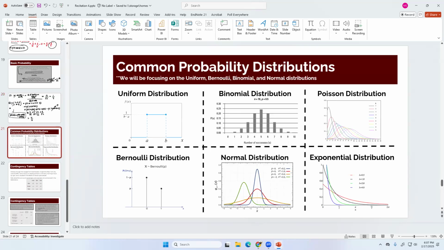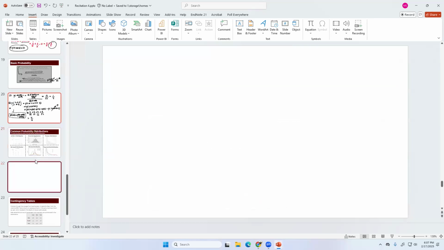So that was about probability. With probability comes probability distributions, and they are a bit tricky to understand at first. So what do I mean by probability distribution?